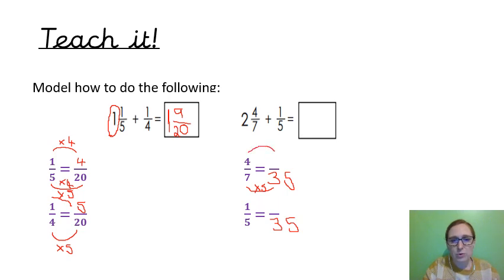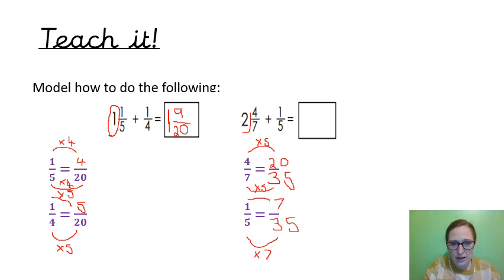So I need to do my 4 times 5, 5, 10, 15, 20, to make 20 35ths, and my 1/5, I times that by 7, 5 times 7 is 35, so 1 times 7 is 7. And again, I can easily add up 5 35ths and 7 35ths to make 27 35ths.